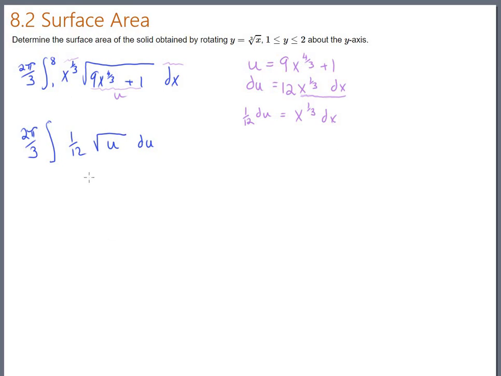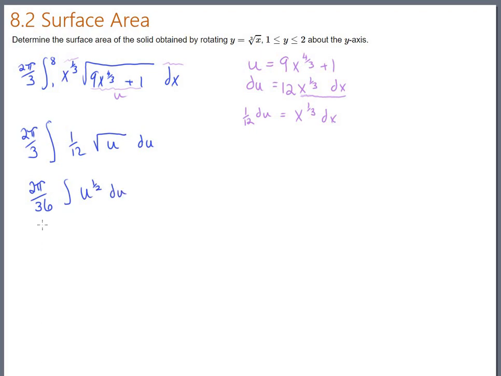Okay, so we're actually in pretty good shape for doing the integral now. I'm going to factor the 1/12 out also. So this becomes 2 pi over 36, integral of u to the 1/2 du.